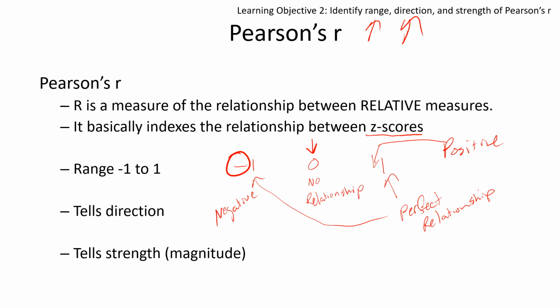And for strength, the closer you are to 1 or -1, so the farther you are from 0, the stronger your relationship. The closer you are to 0, the weaker your relationship. So that tells you the strength. So you can just look at getting that number, the Pearson's R number. You can tell the direction of it. You can tell the magnitude of it. You can tell all of that.